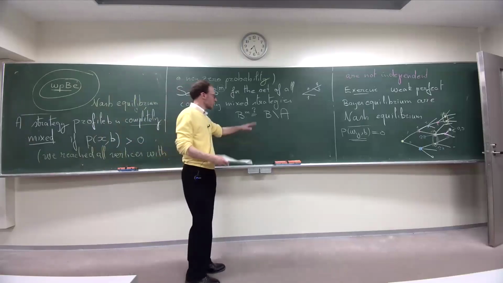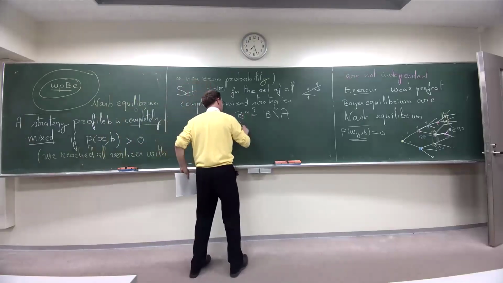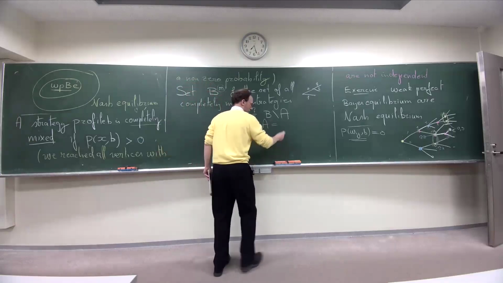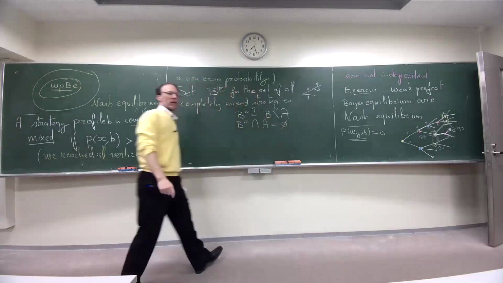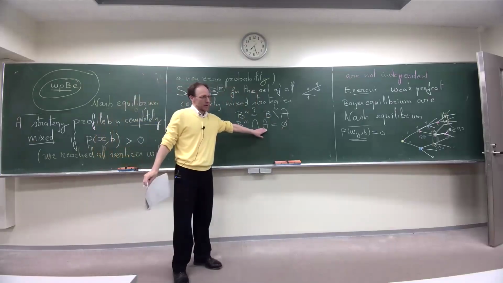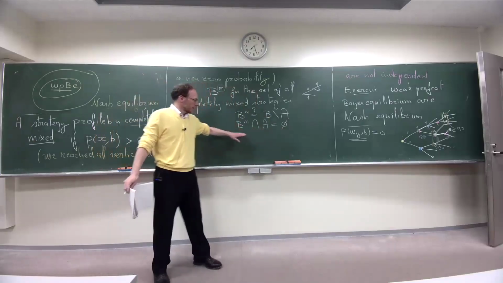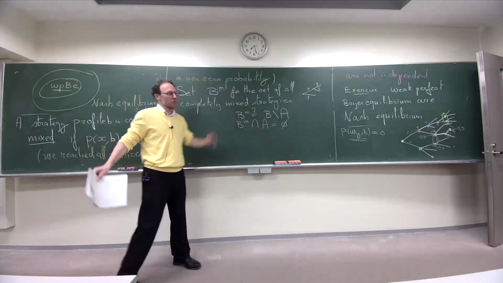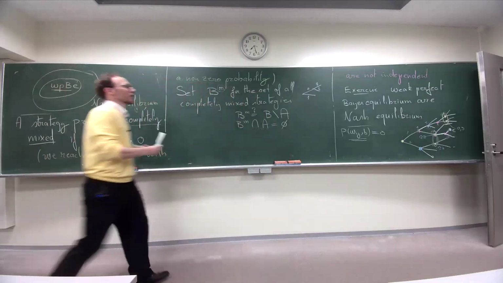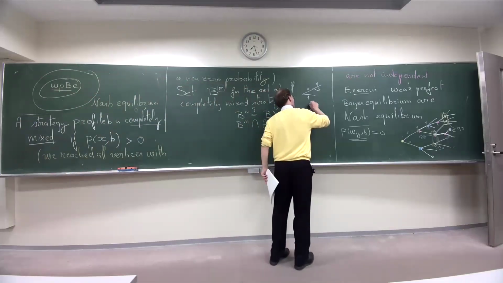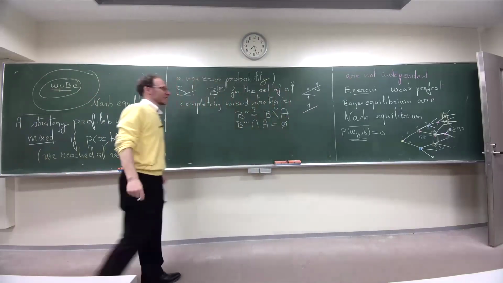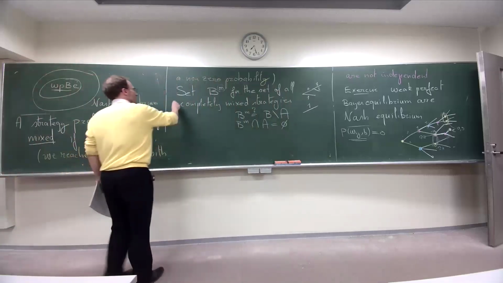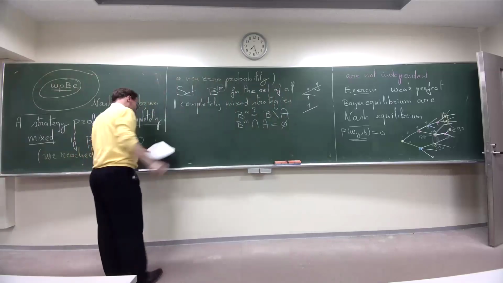But what is correct is that B_M intersection with A is the empty set. You cannot be pure, having only 0 and 1, and simultaneously have no 0. It's impossible. Or maybe on one graph, if you take just this graph, maybe the intersection is trivial. Okay. So I define the set of completely mixed strategies.